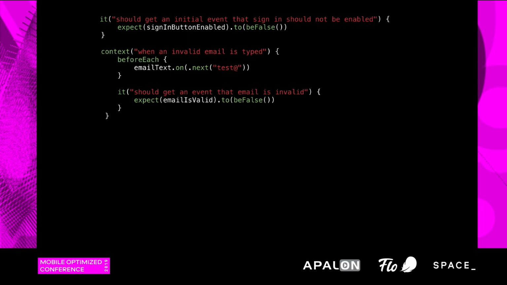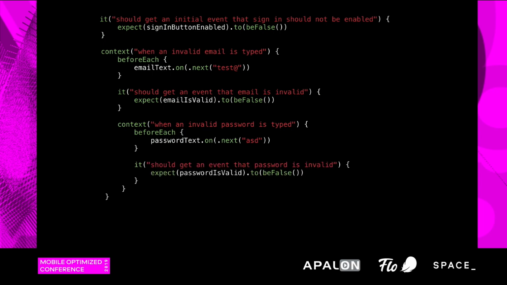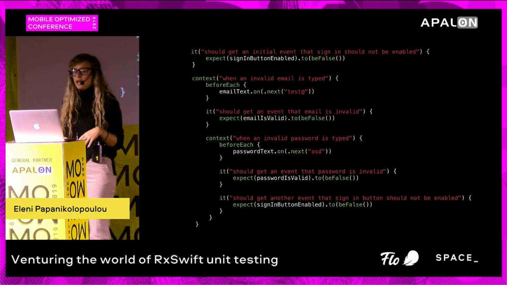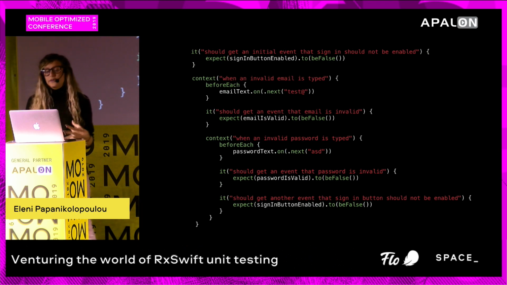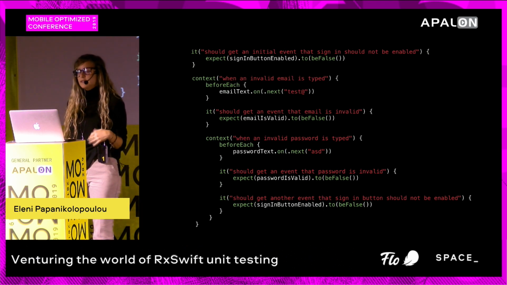And we expect to have an event emitted with a value false, meaning the email that we just typed is invalid. And then we have a next event with an invalid password, and we expect to get an event emitted with a value that the password we just typed is not correct. And since both email and password typed are invalid, the sign-in button should be disabled.